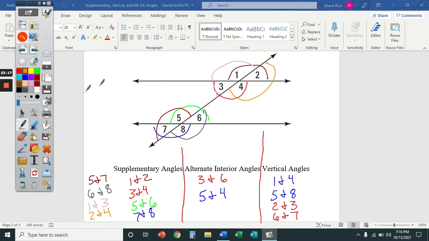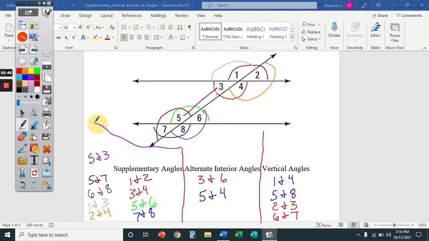All right. And now, remember I said in class that supplementary angles are not always adjacent to each other. They're not always beside each other. Okay. And this shows that very clearly. And I'm going to try to use this color here. I don't know if it's going to be much different than the blue, but we'll see. But I told you that same side interior angles, that means 5 and 3, and I'm running out of room, are supplementary.